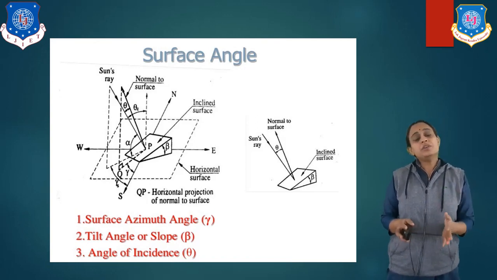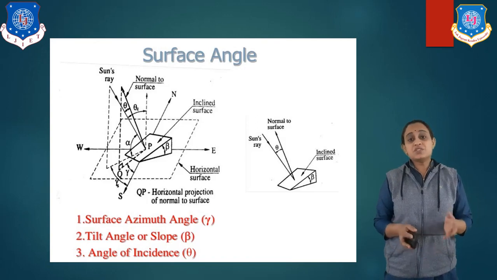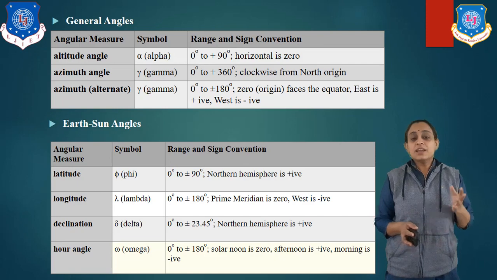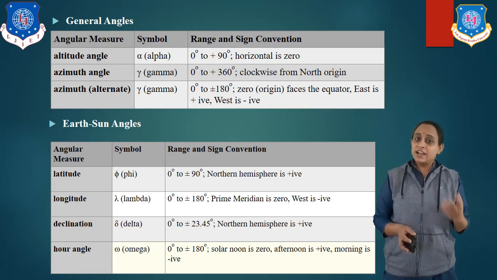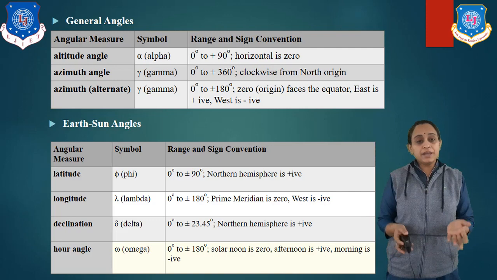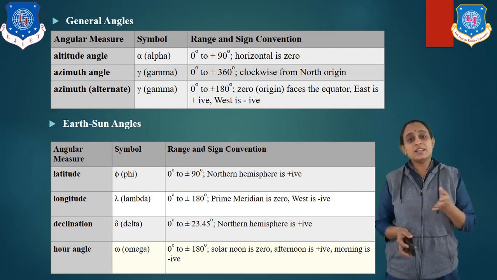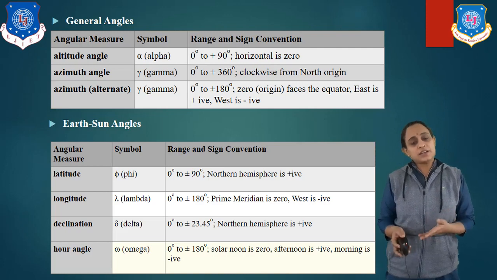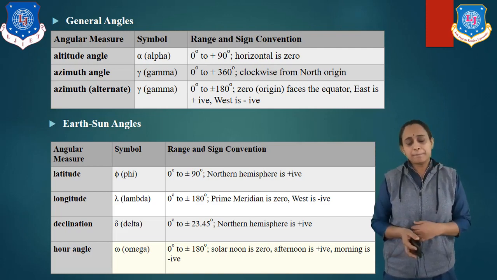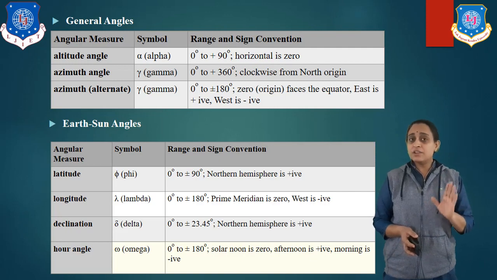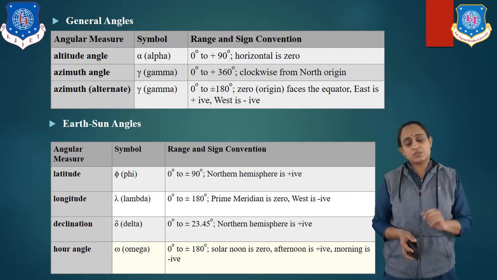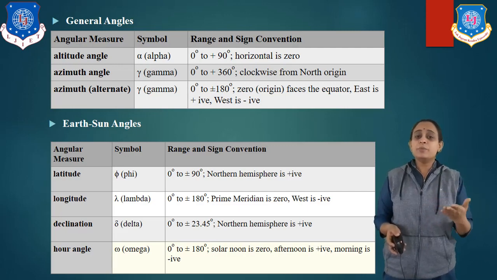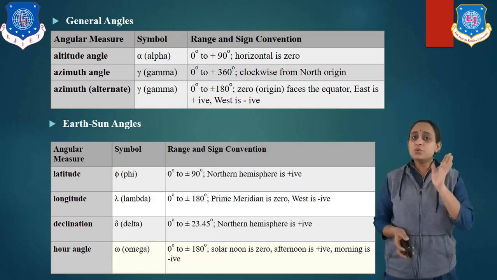There are two different tables as you see, which represent general angles and earth-sun angles. In general angles, there is altitude and azimuth angle based in north-south as well as east-west direction. Now let us consider the altitude angle. Basically, altitude angle will be 0 in the horizontal position, while going upward vertically, it will give us the value based on the position from 0 to 90.